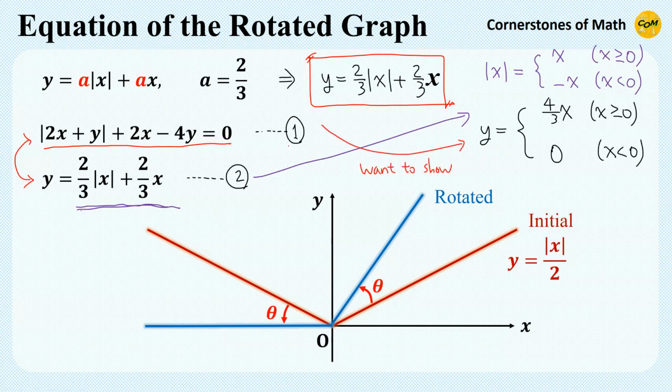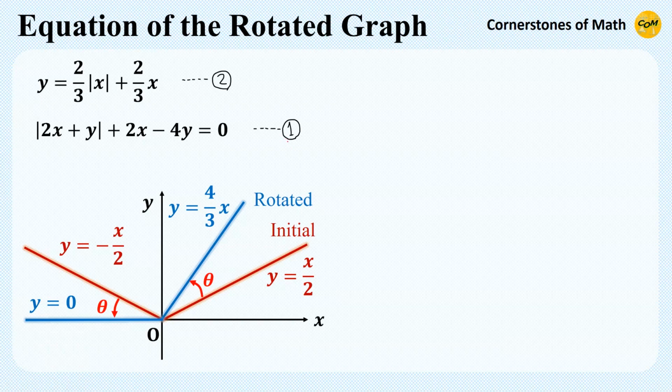So let's show that equation 1 gives us the same result as this. When we are dealing with equation 1, we must split cases like this. We have absolute value of 2x plus y, so we must divide the case as first when 2x is greater than or equal to y, and then when 2x is less than y.